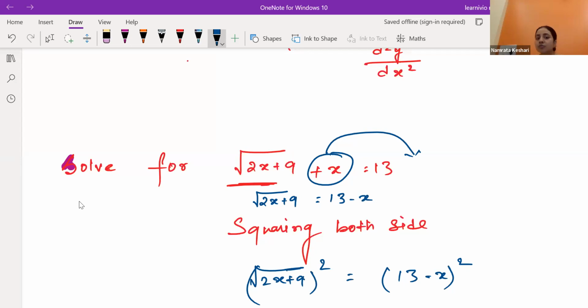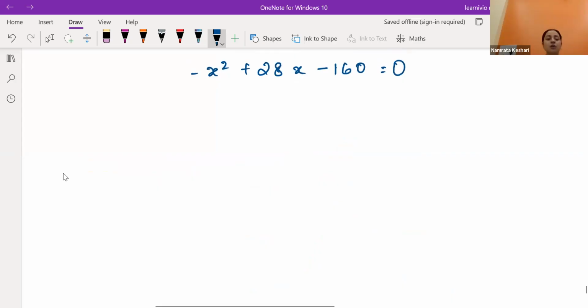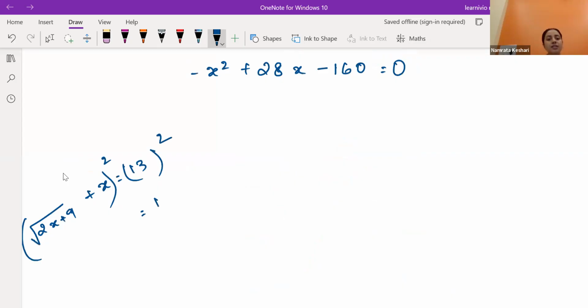Our purpose is to remove this square root sign, and if you do squaring as it is, root 2x plus 9 plus x is equal to 13, it will be 169 on the other side, and on this side it will be a square plus 2ab, 2 into a into b, 2x plus 9, plus b square.